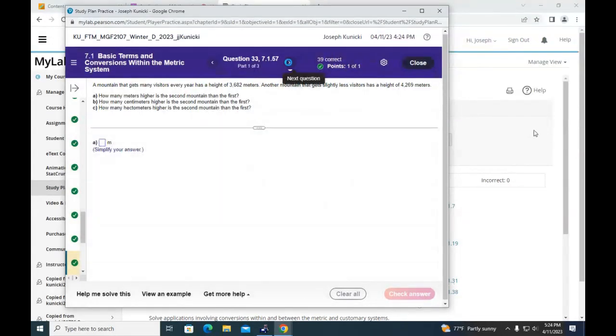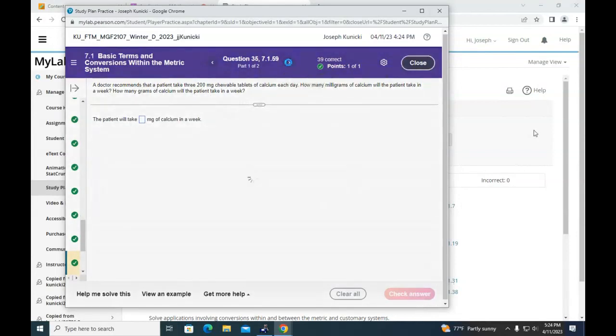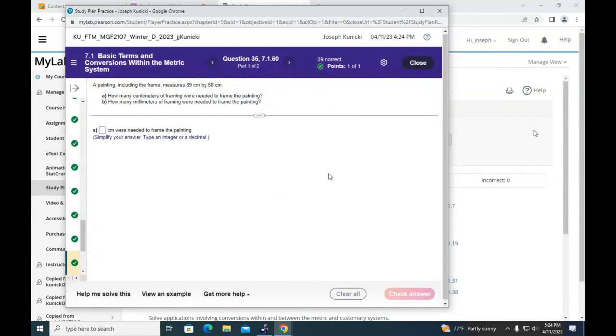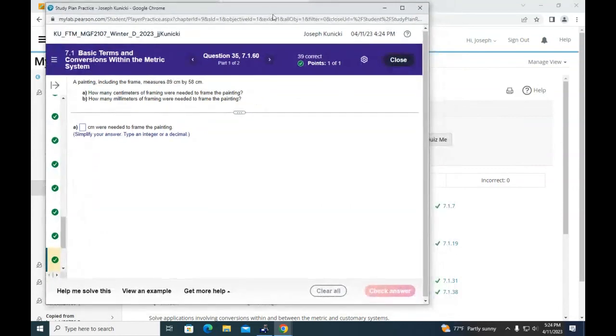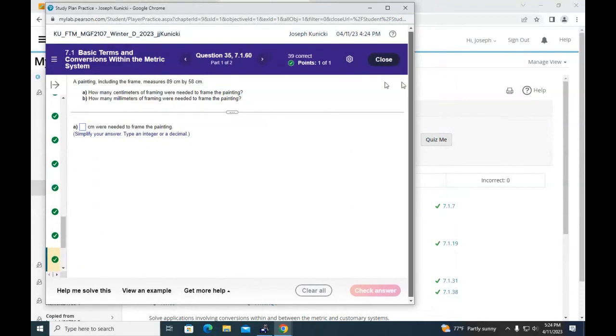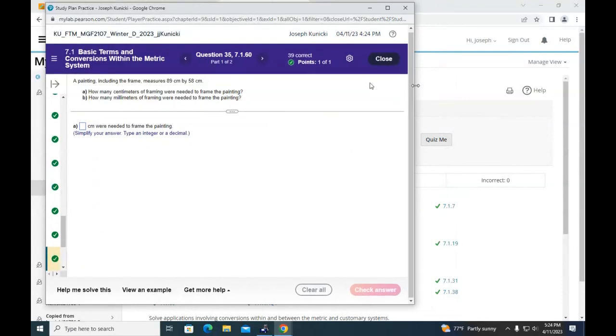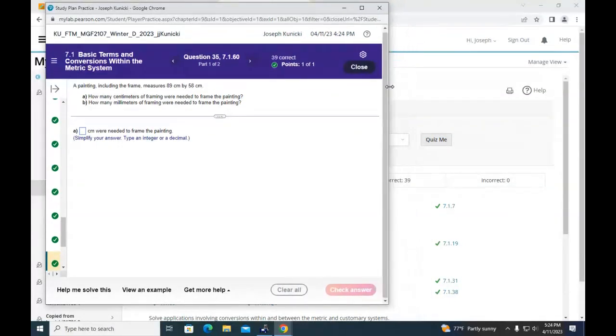And then number 60. Okay, a painting, including the frame, measures 89 centimeters by 58 centimeters. How many centimeters of framing were needed to frame the painting?